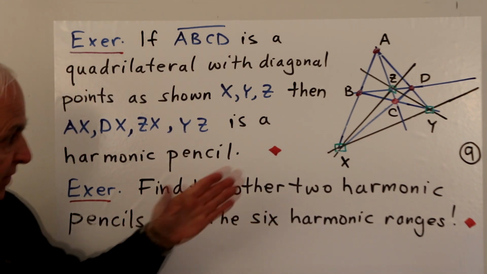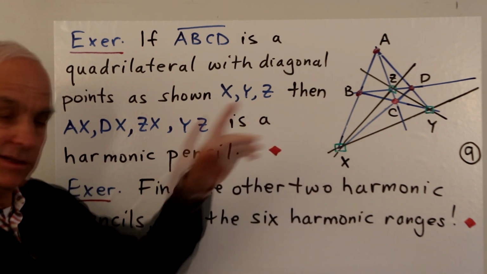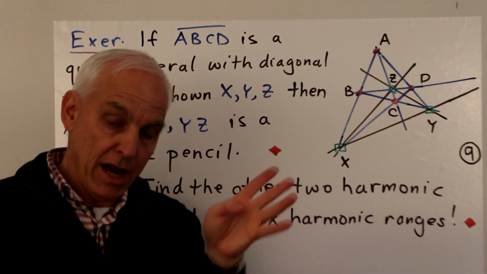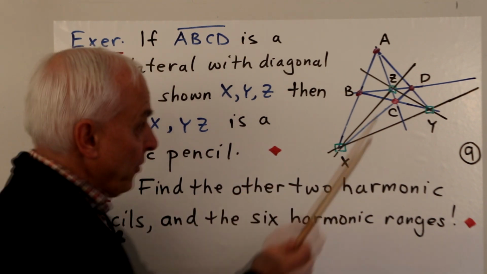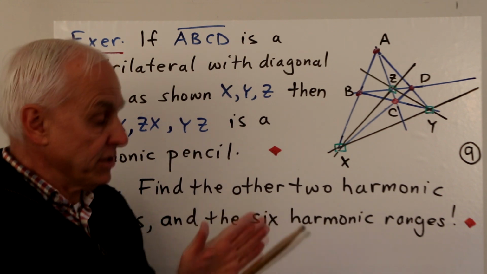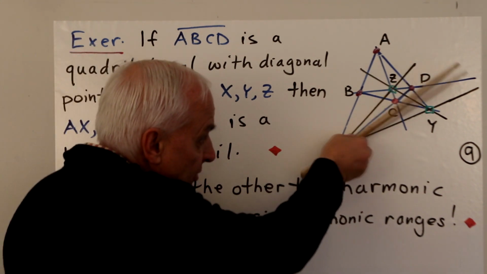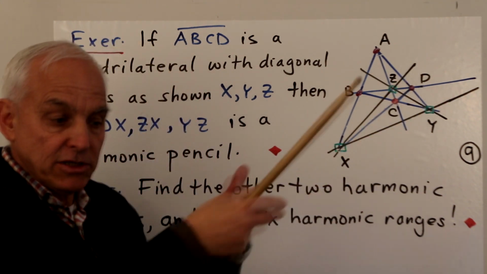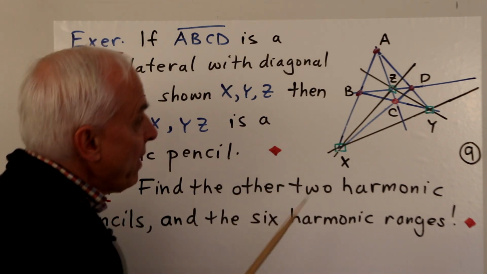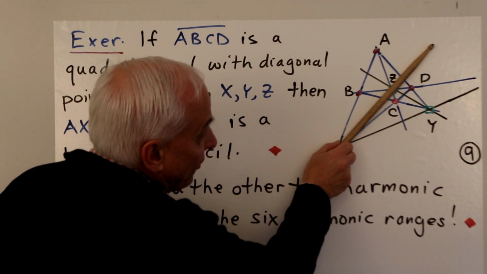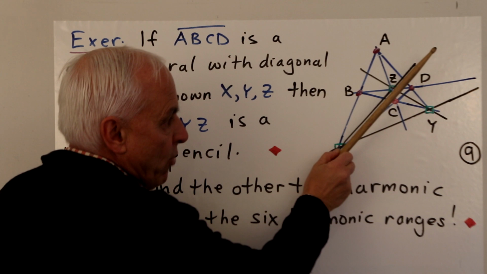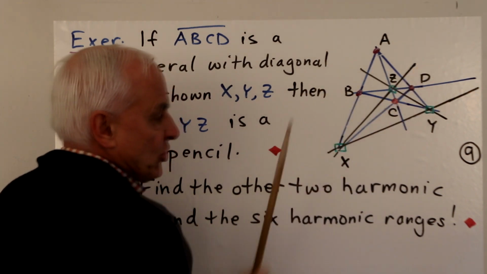Now if we take one of those diagonal points, say x, then at x there are 4 lines coming in. There are the 2 lines which are the sides of the quadrilateral, the ones in blue, and there are also these other 2 sides in black which are lines to the other diagonal points. And the claim is that that's a harmonic pencil, that this divides this sector internally in the same way that this divides it externally.